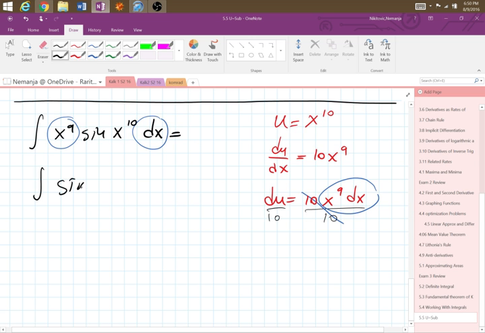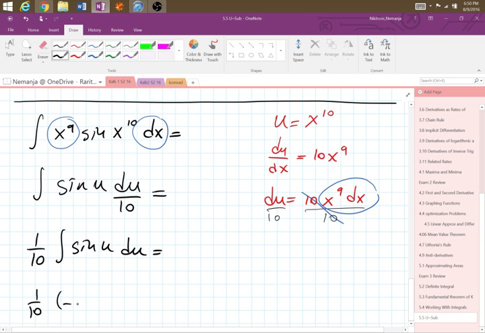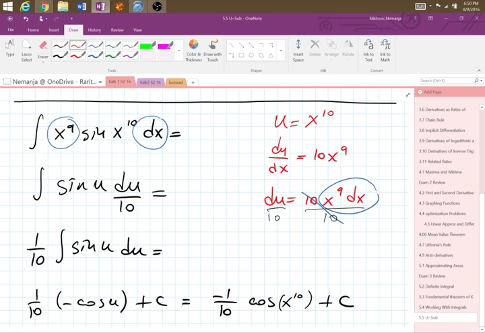The integral of sine u du over 10 is equal to 1 over 10 times the integral of sine u du. That gives 1 over 10 times negative cosine u plus c, which is negative 1 over 10 cosine of x to the 10 plus c. Done.